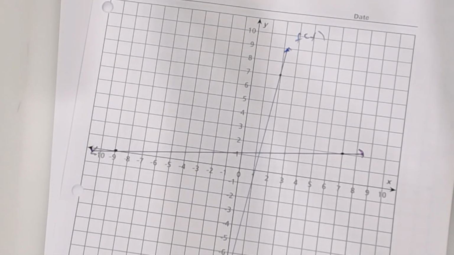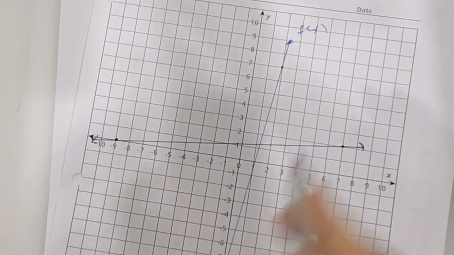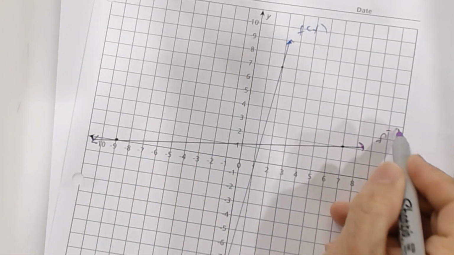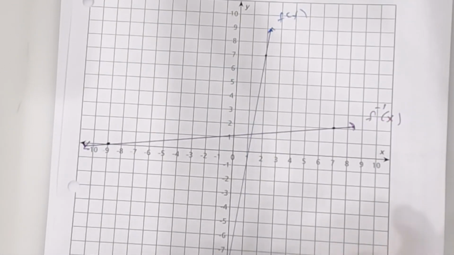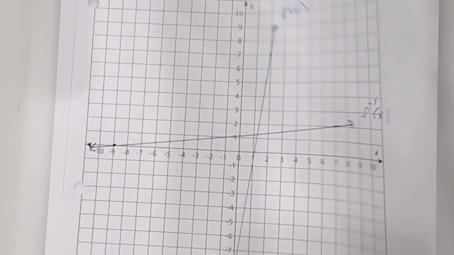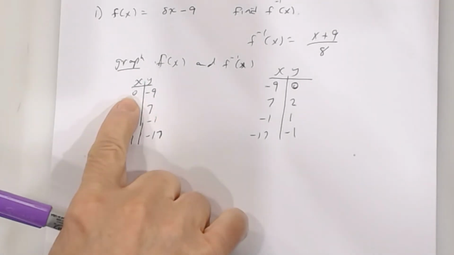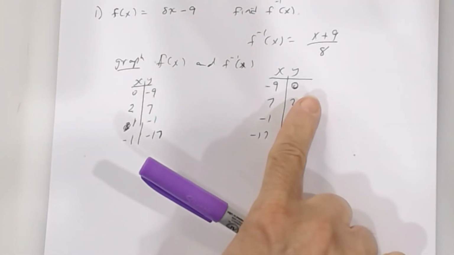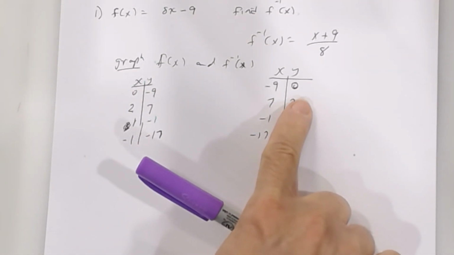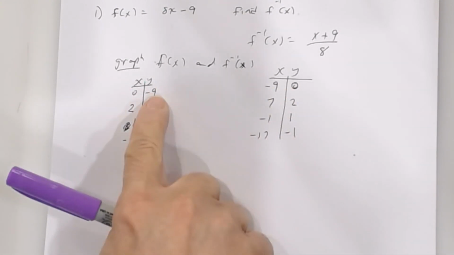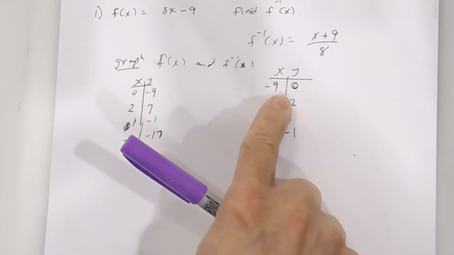Okay, now inverses, these two functions are inverse of each other, correct? Inverses are symmetrical. They're symmetrical about the line. Now remember when we talked about in part 1, we talked about the fact that x became y and y became x. All right.